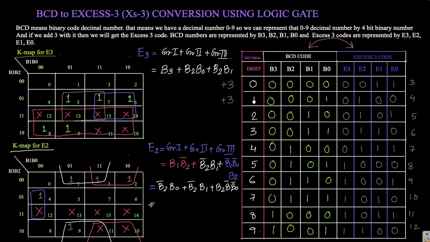Now take B2 bar common: B2 bar times B0 plus B1, plus B2 times B0 bar B1 bar. Then it is B0 B1 and B0 bar B1 bar, which means B2 XOR B0 plus B1. So this is the expression for E2.